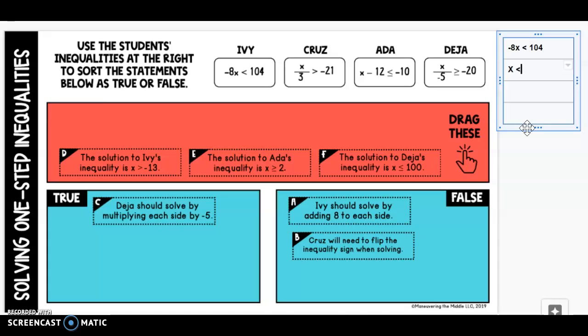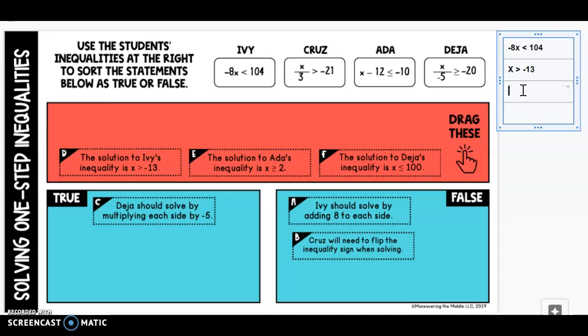And then I'm going to put my inequality sign, which is less than 104 divided by -8, equals -13. All right, because my inequality right here is being multiplied by a negative number, I actually need to flip this inequality sign. So it's no longer less than, it's greater than.